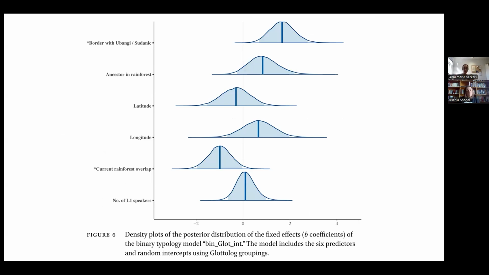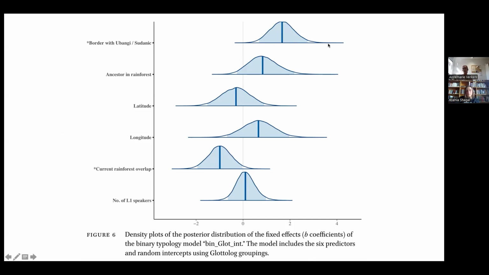So these are the results of the binary model. This is the output of Bayesian estimates of the coefficients, right? What you can basically think of is a kind of confidence estimates. If the distribution of estimates does not cross zero, that means that there is pretty good evidence for an effect that's significant.